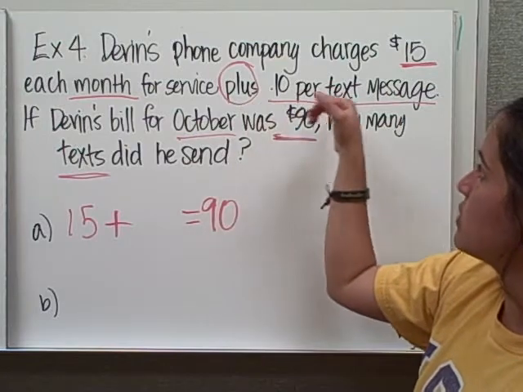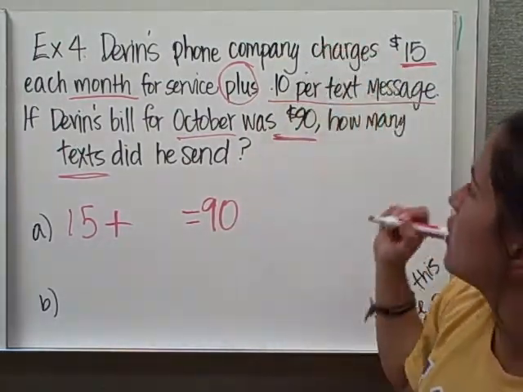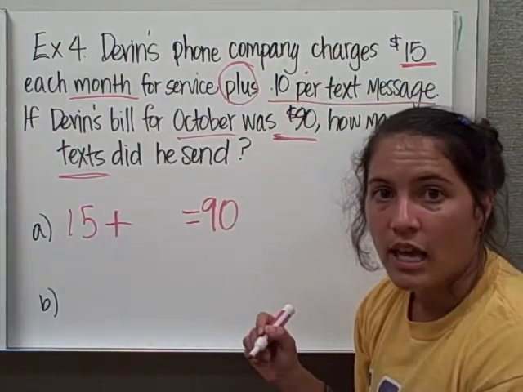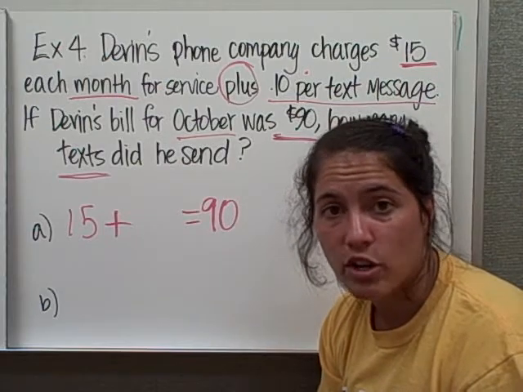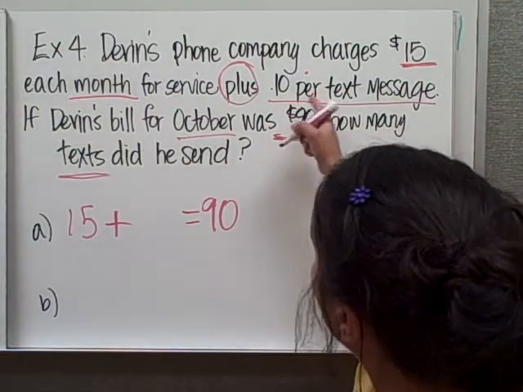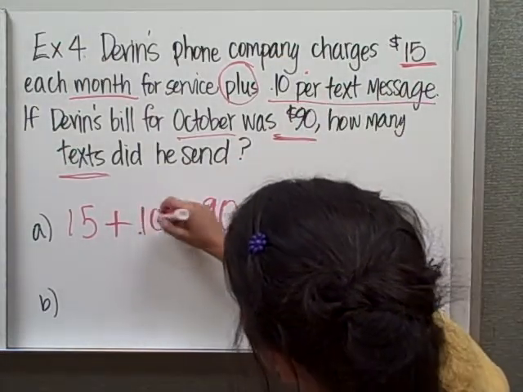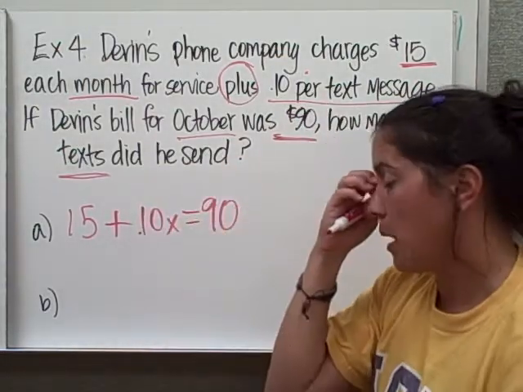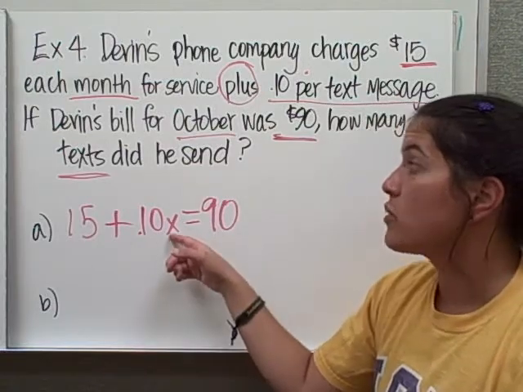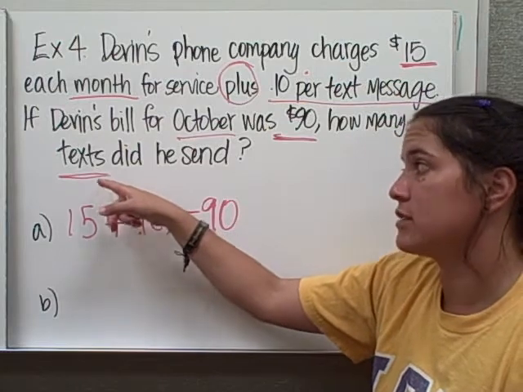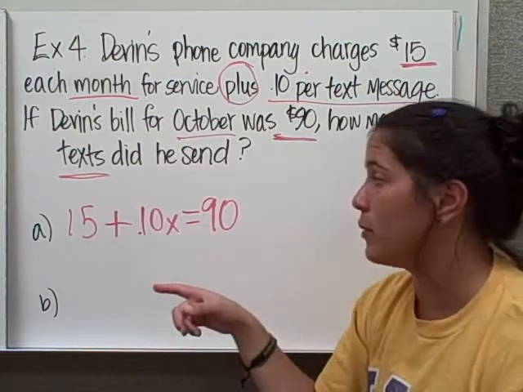Now the 10 cents per text, remember we talked about this little word per means times. Do you know, Devon, how many texts did you send? You're not sure? I'm not sure. So what do we put? 10 cents per text, meaning x. The variable, we don't know how many texts he sent. It could change. And that's what we're trying to find out. It says how many texts. So that is our variable.